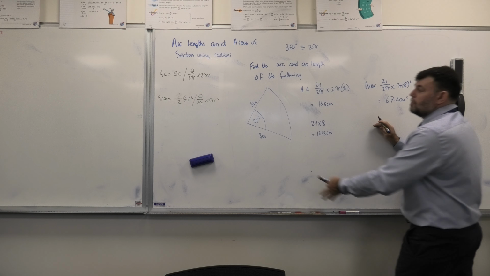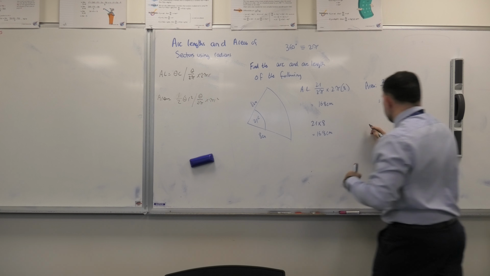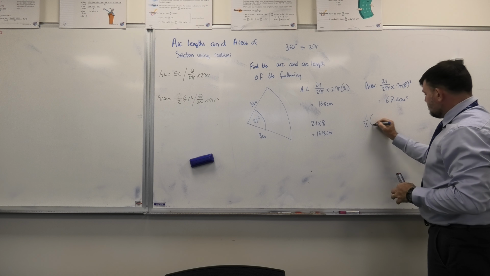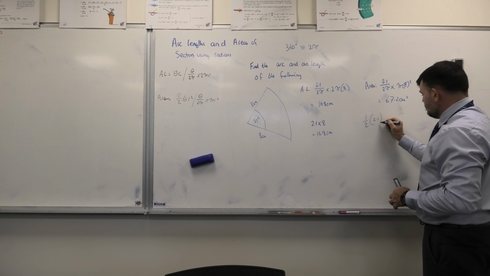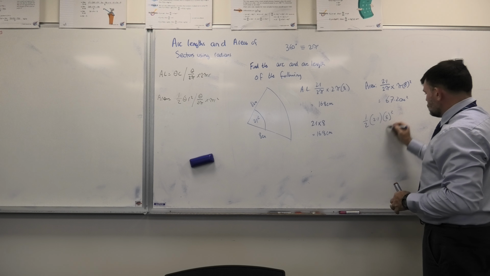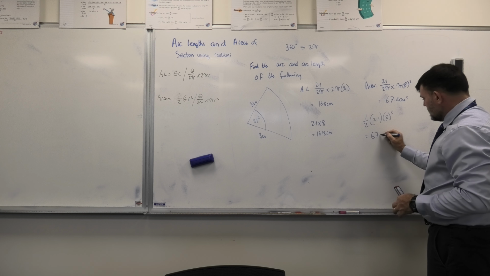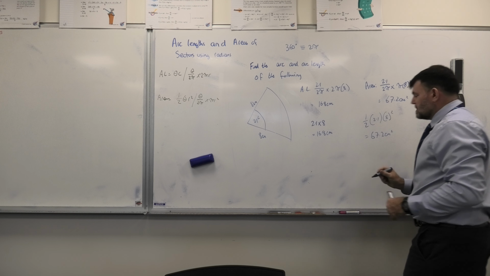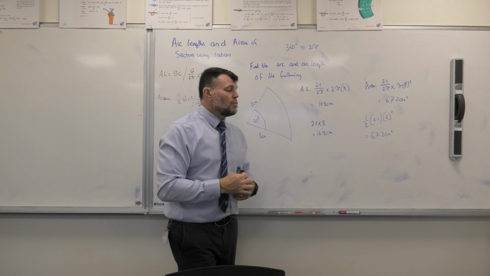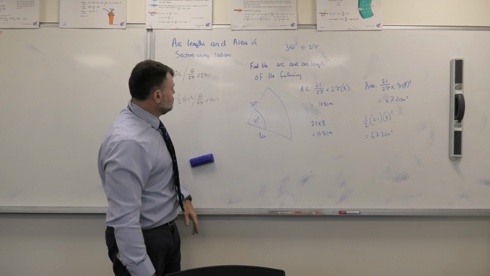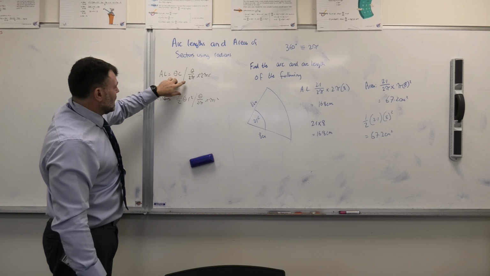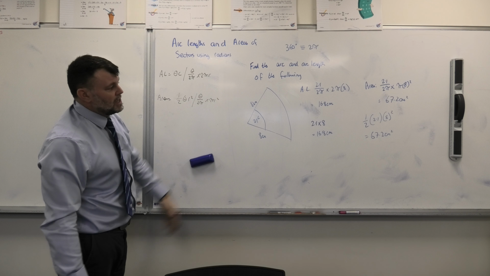And alternatively, if we use the method that we had before, where we had half times 2.1 times 8 squared, we should also get 67.2 centimeters squared. So it doesn't really matter which method you're looking at. We can use either method for arc length or area. It's going to give you that same answer.